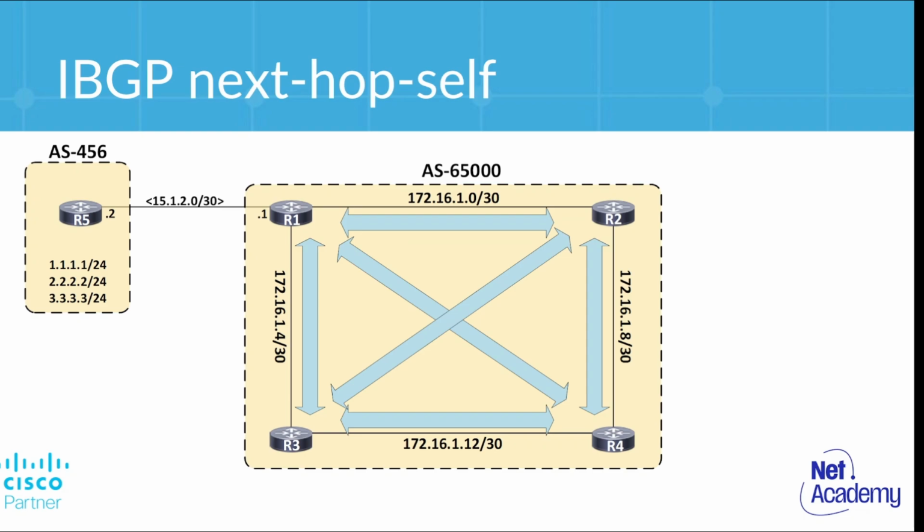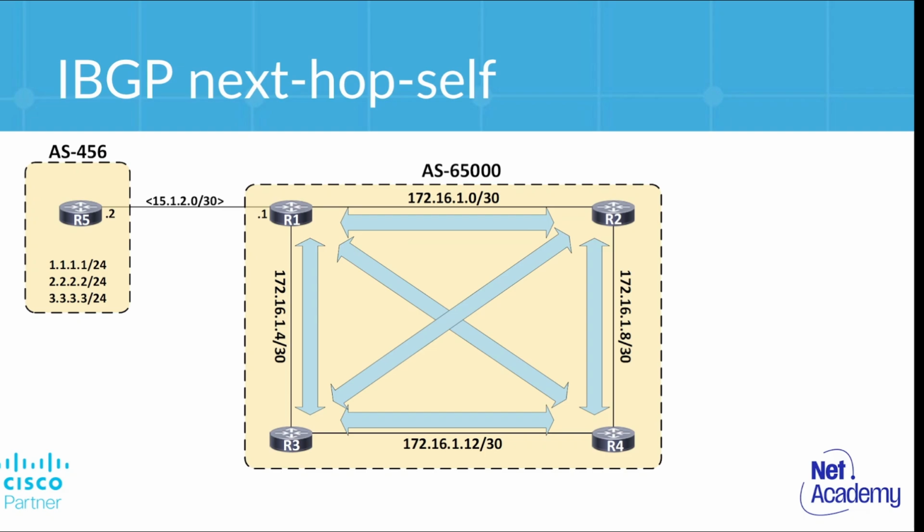The default behavior in BGP is when a prefix is coming across an eBGP link, it's going to update something called the Next-Hop attribute. And it's going to change it from whatever it was previously to the network that I share with my eBGP neighbor. In this case, it's going to change it to something on the 15.1.2.0/30 network, in particular, 15.1.2.2.